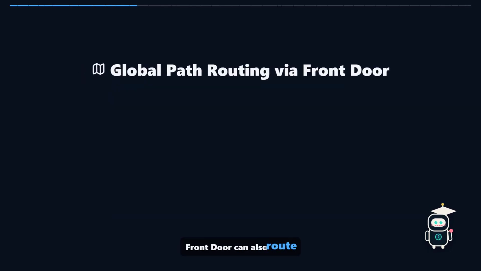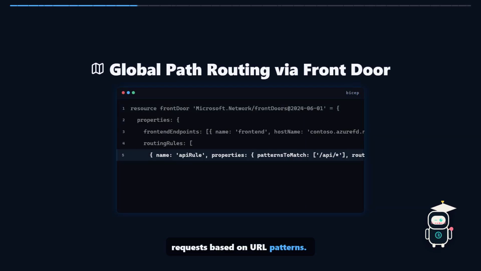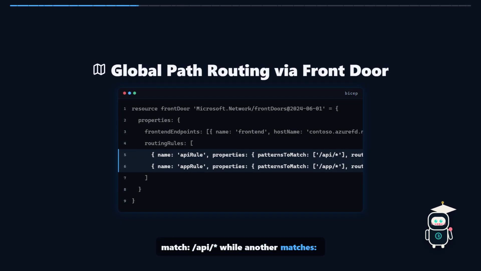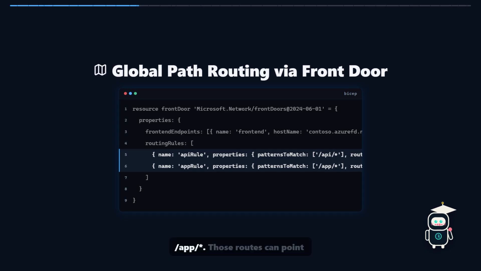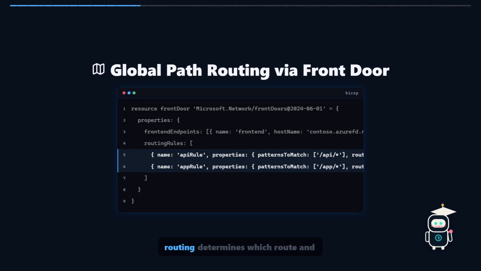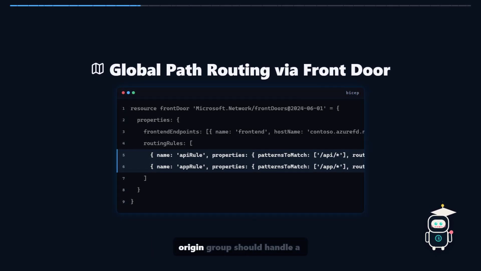Front Door can also route requests based on URL patterns. For example, one route might match /api, while another matches /app. Those routes can point to different origin groups, but keep two concepts separate. Path-based routing determines which route and origin group should handle a request.